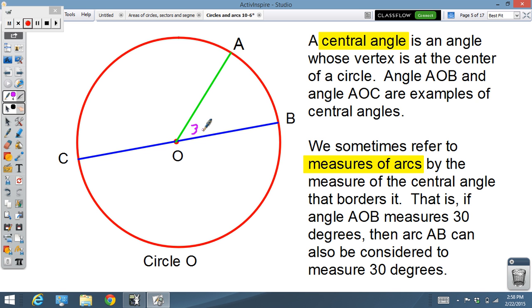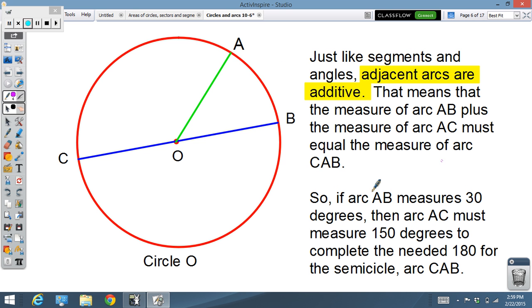So if this angle is 30 degrees, notice how it intersects the arc at point A and B. Therefore, arc AB can be considered to be 30 degrees as well. So if the measure of AOB is 30 degrees, then arc AB can also be considered to be 30 degrees.